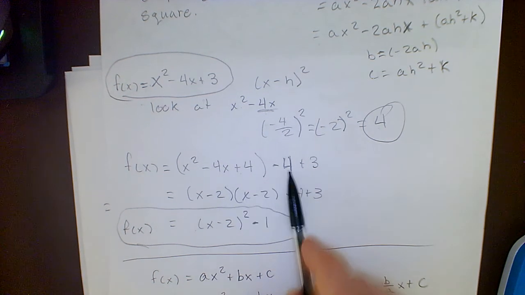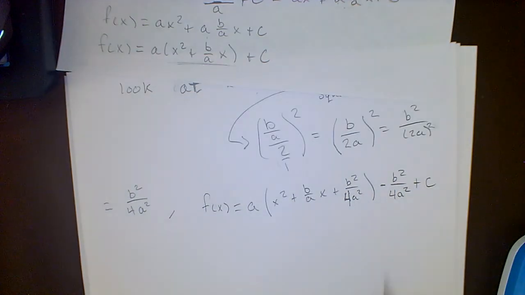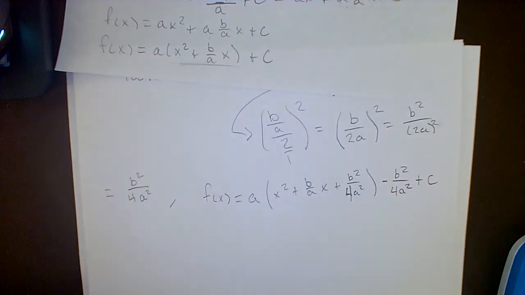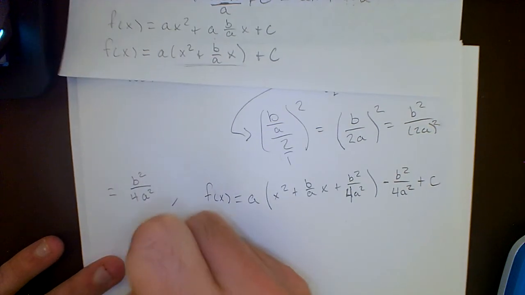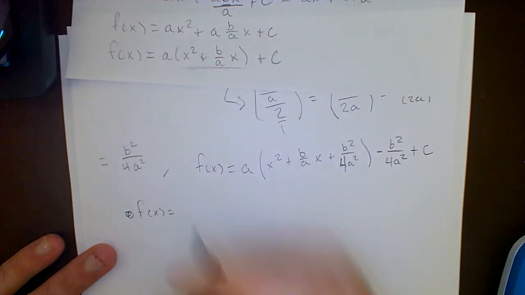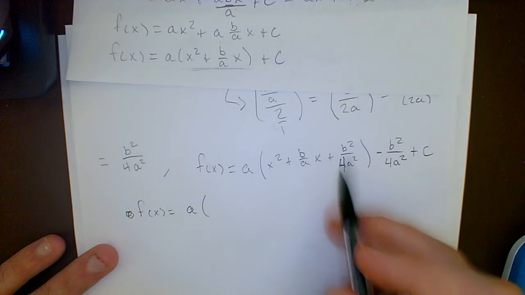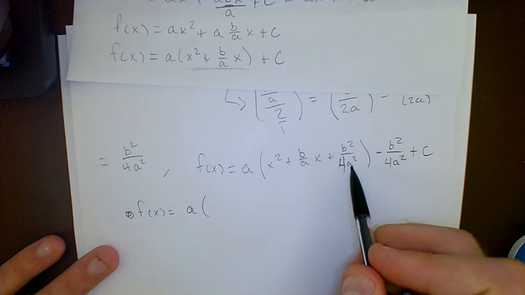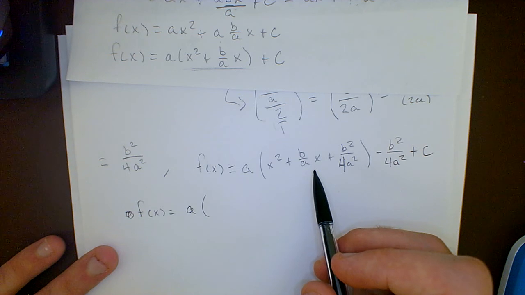So I add and subtract 4. This is just the more general case. Okay. So f of x equals, now if I factor this quadratic term here, I need two numbers that multiply to b squared over 4a squared and add up to b over a.